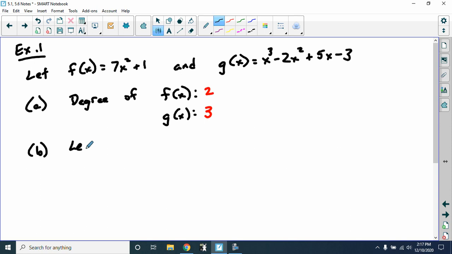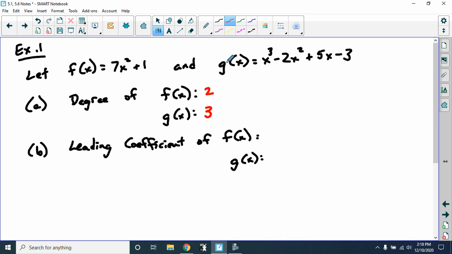Part B wants to know the leading coefficient for each. Leading coefficient is the number that comes out front if it's in standard form. If I look at my exponents here, x to the second, x to the 0, they do start with the biggest and go down.